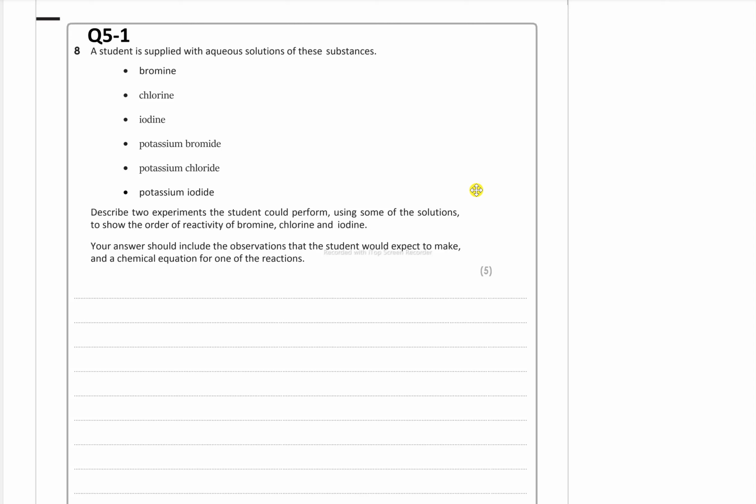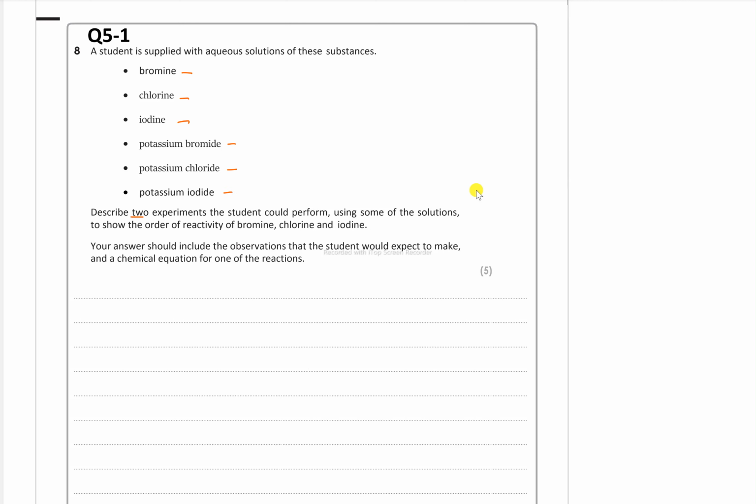We're carrying on with the halogens. So you've been given bromine, chlorine, iodine, and you've been given potassium bromide, potassium chloride, potassium iodide.